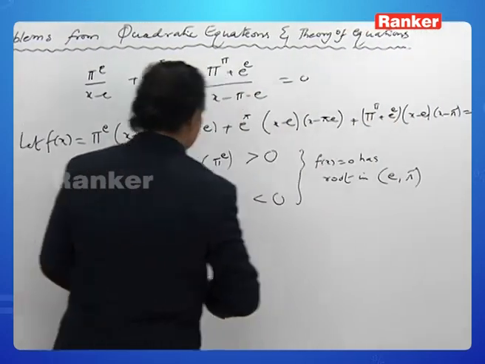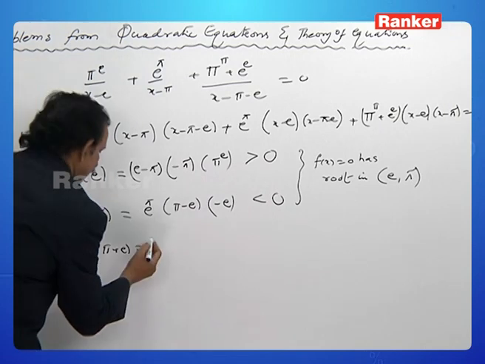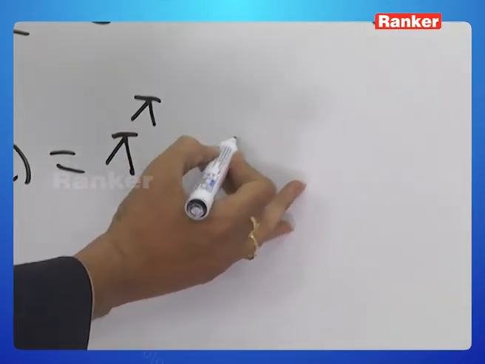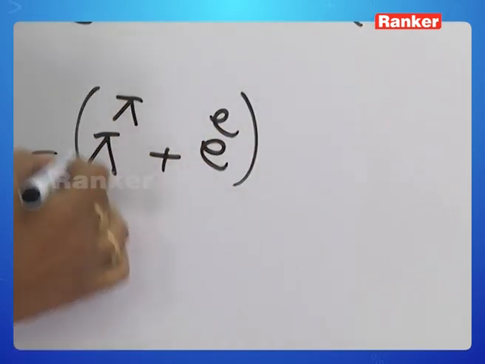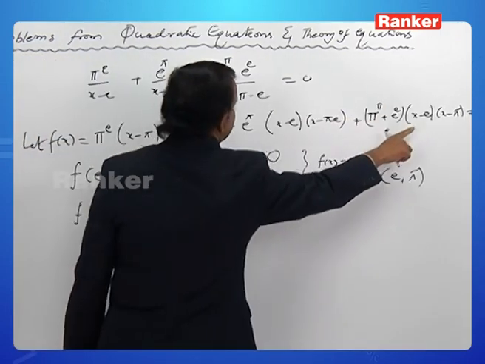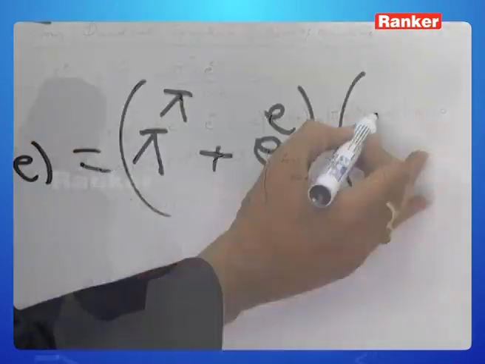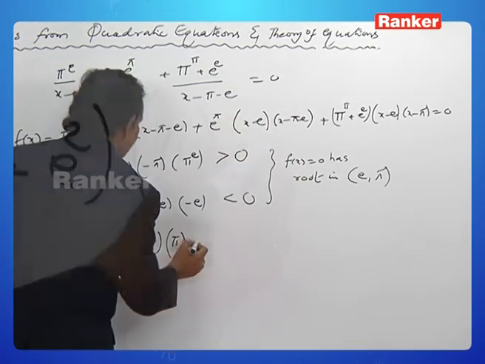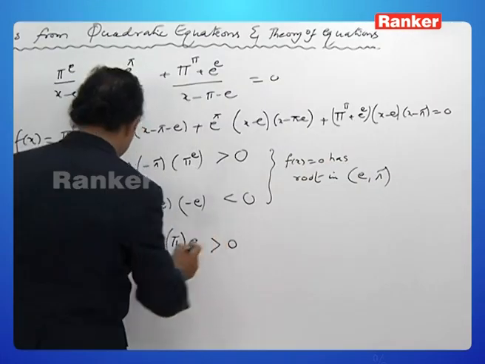What about the last one? Pi power pi plus e power e into x, which is pi plus e. Pi plus e minus e is pi. Pi plus e minus pi is e, greater than 0.